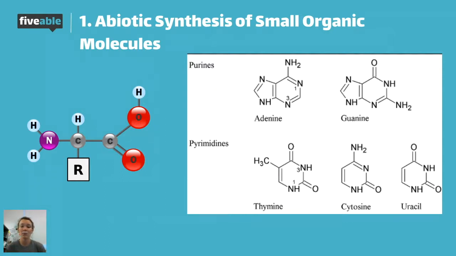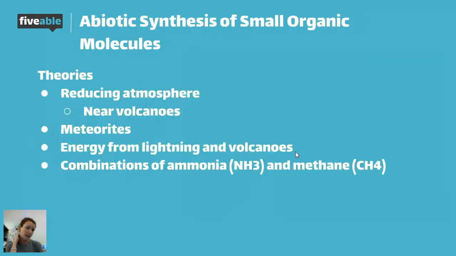So while I said that there wasn't any free gas oxygen like O2 on Earth, there was oxygen wrapped up in other compounds. All right, so a couple of theories on how we have this abiotic synthesis of small organic molecules, or how we could have possibly gotten nucleotides or amino acids onto the surface of the Earth, like the picture that I showed you in the beginning, where everything looks super, super toxic, okay?